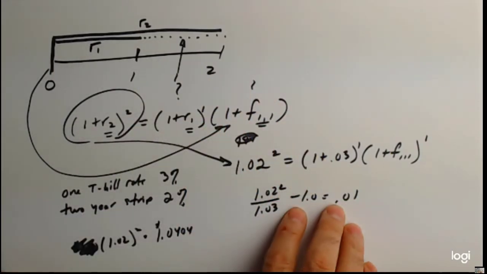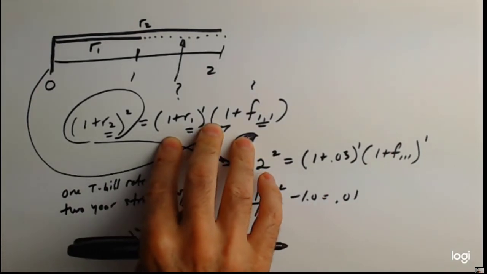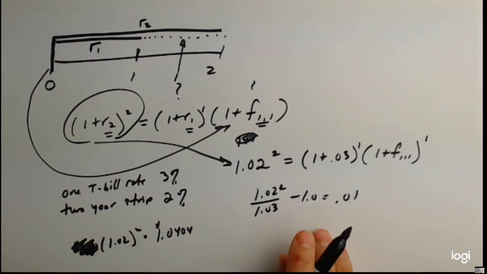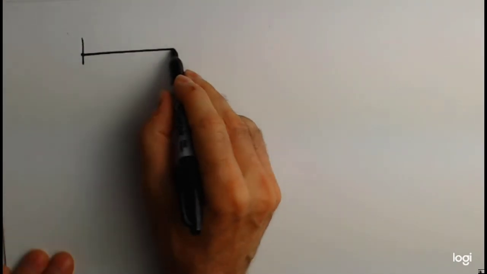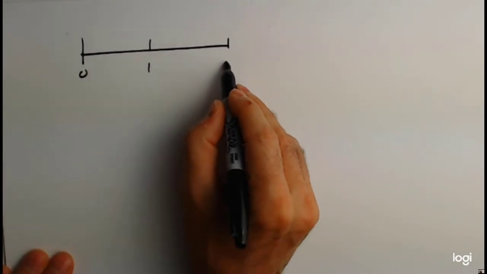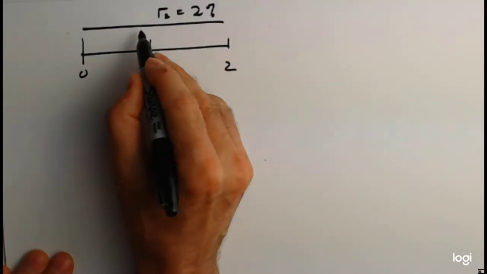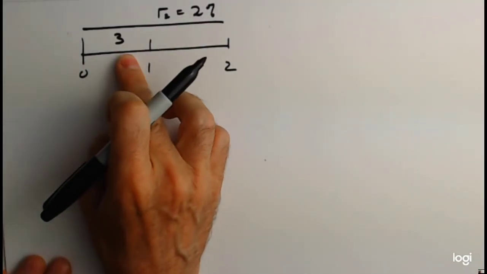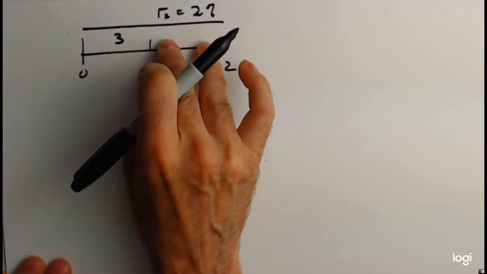Now, let me give you a little bit of the trick to this math. Most people go, holy mackerel, there's squared terms, all these variables, but it really boils down to something simple. So let me show you what I mean by that. Let me clean this up a bit. So we have a 2-year rate, 2%. We have a 1-year rate for 3%. Basically, this 2% is an average over 2 periods.